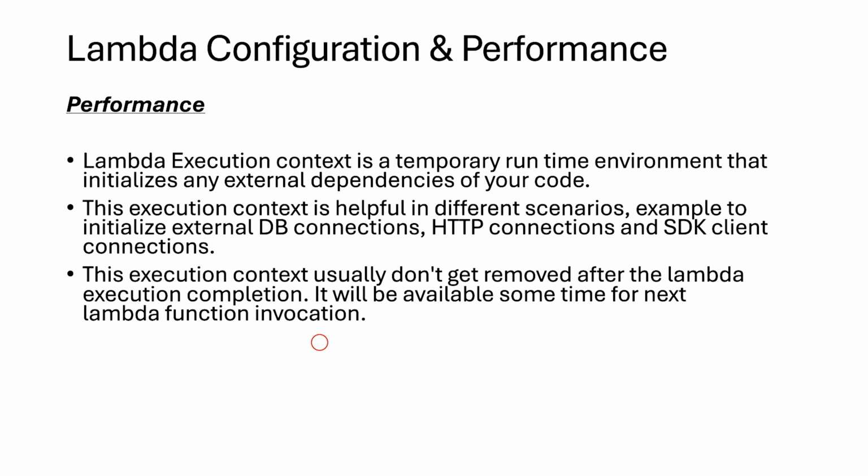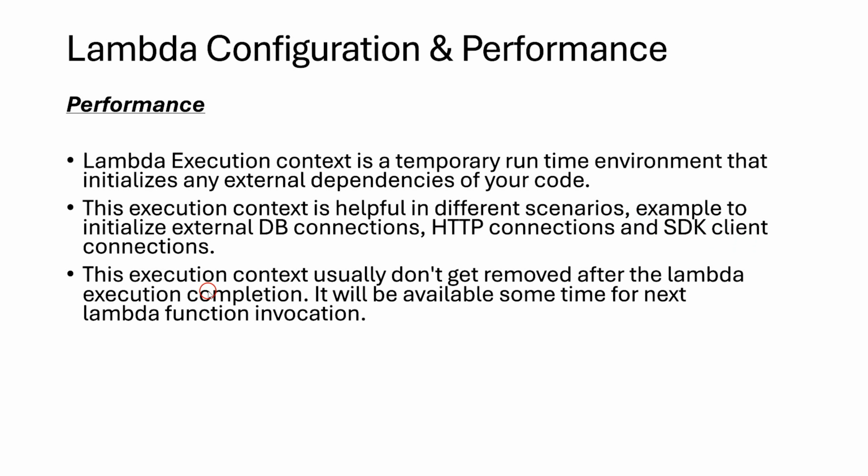For example, you invoke a Lambda three times with small interval gaps. If you store your database connections, HTTP connections, and SDK client connections in this execution context, what will happen?